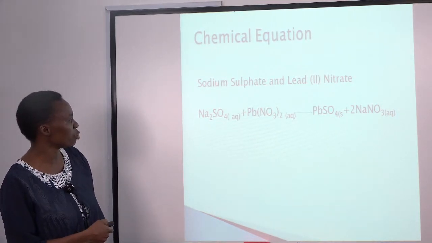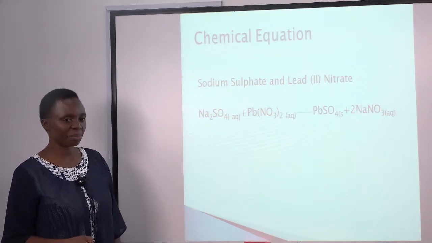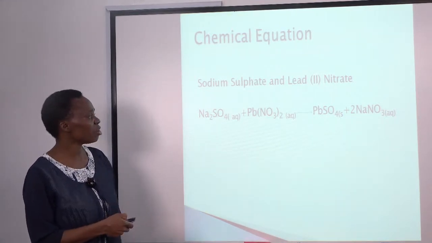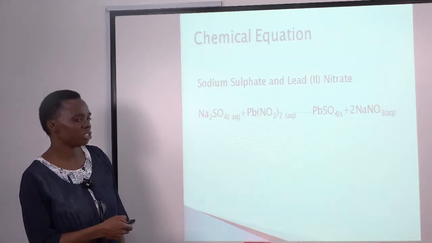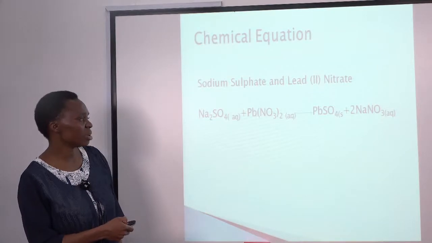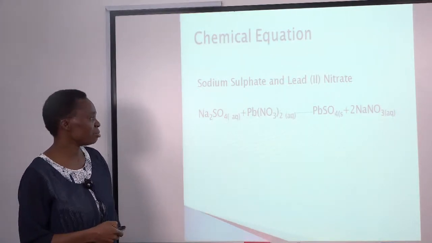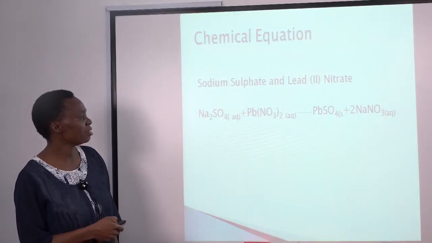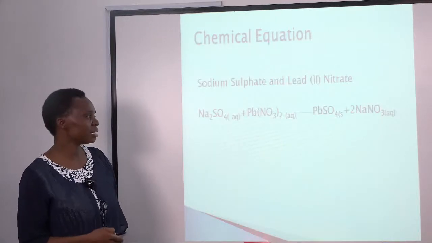These two are soluble salts, and that's why their state is aqueous, each one of them. The insoluble salt that is being formed in this case is lead sulfate. The soluble one that is also being formed is sodium nitrate, which appears as a filtrate. So by that method, you will have prepared lead sulfate, which is an insoluble salt, appropriately.